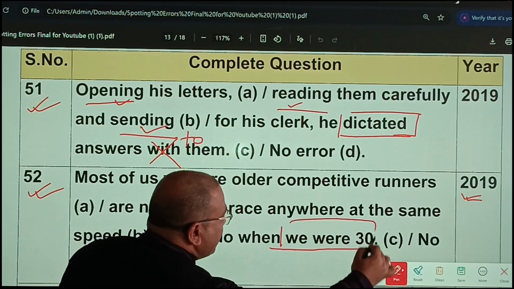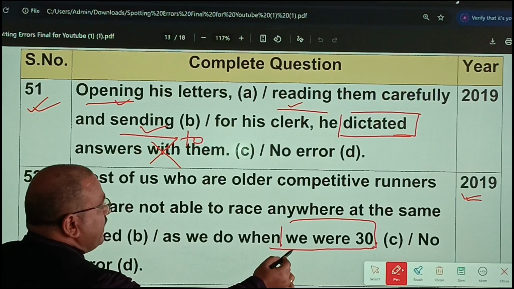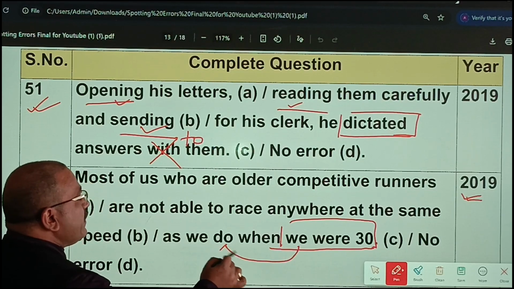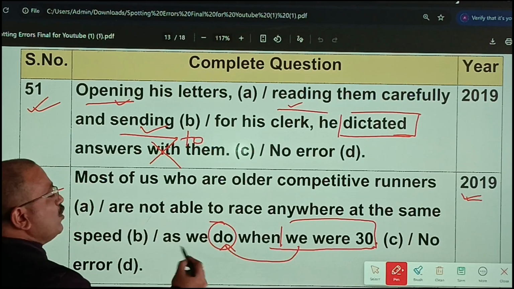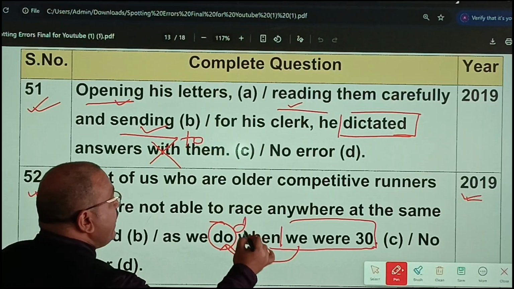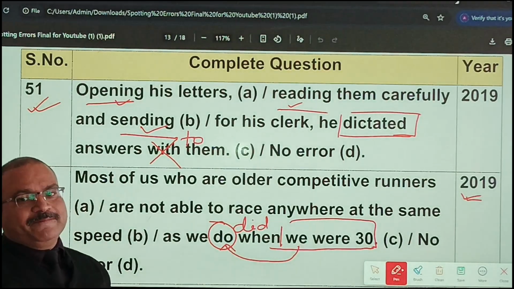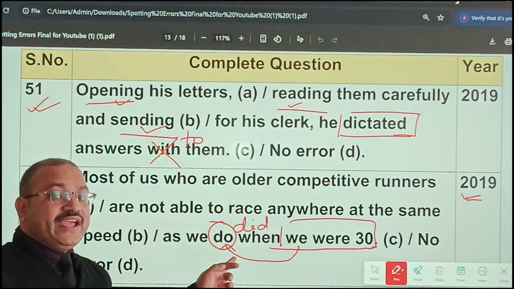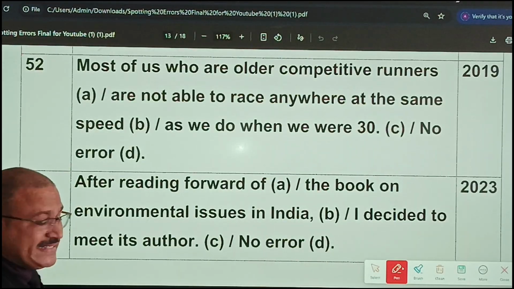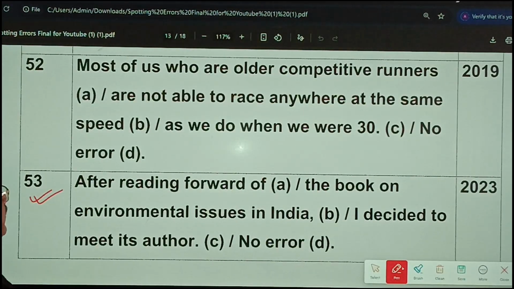Now, this is past. It is talking about past ability. So, for past ability, how can we use the present? So, what would be the correct one? As we did when we were 30. So, the error is here.